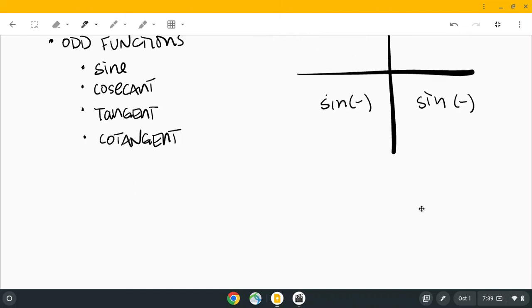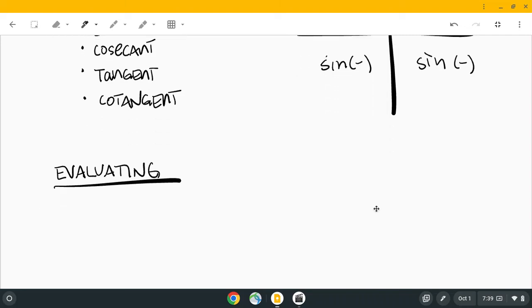So when you are evaluating, you probably have them already memorized. But if you do something like the sine of 135 degrees, that's going to be square root 2 over 2.